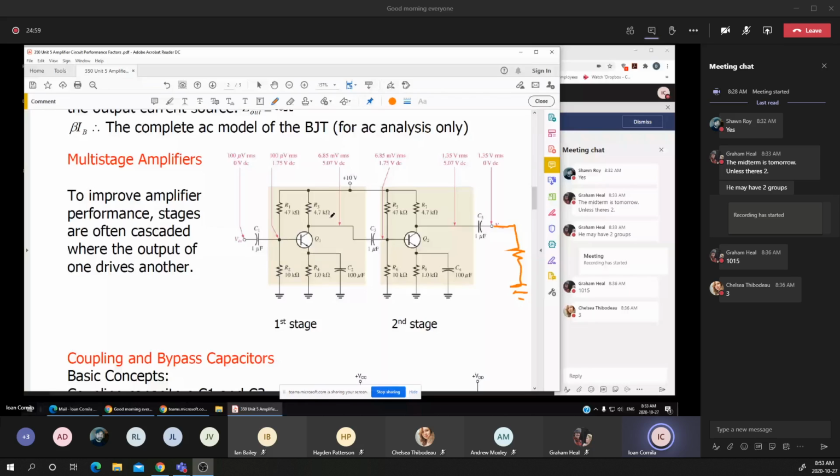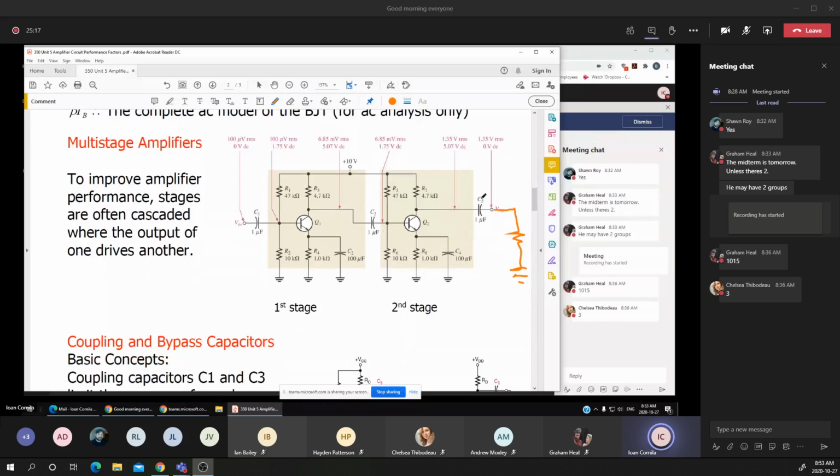And in the same way, C3 filters the AC component from the DC component. Means that C1, C3, and C5 in this diagram have the ability of letting just the AC component pass through.